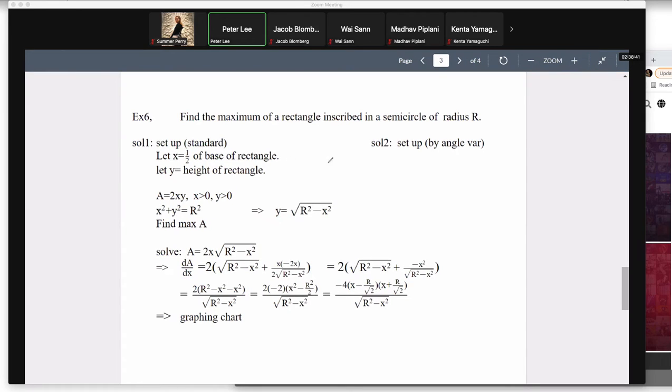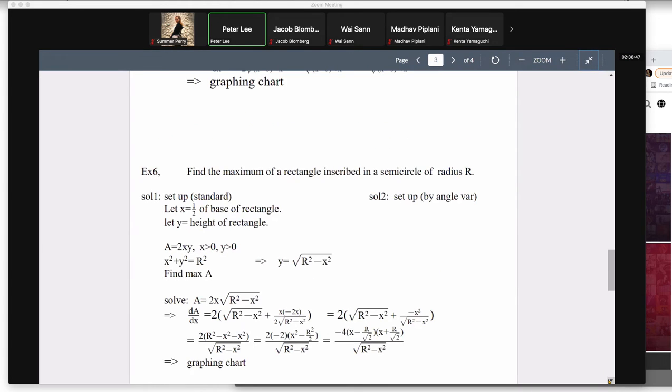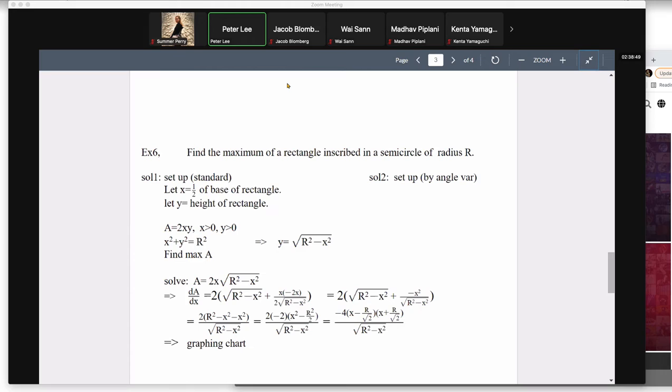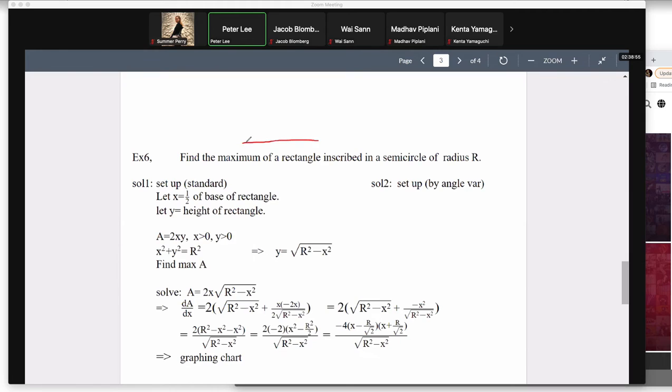The semicircle is right here, this is the picture. What is the important word I forgot on the question?